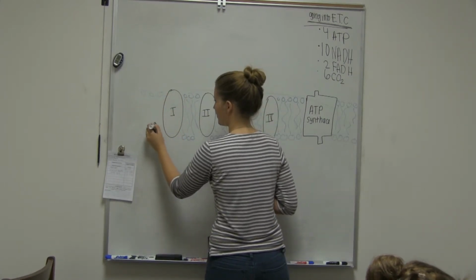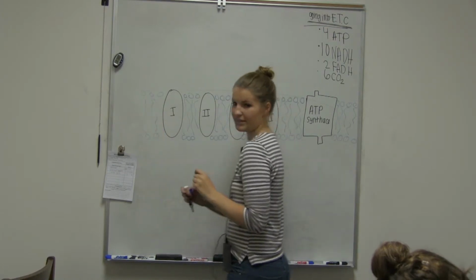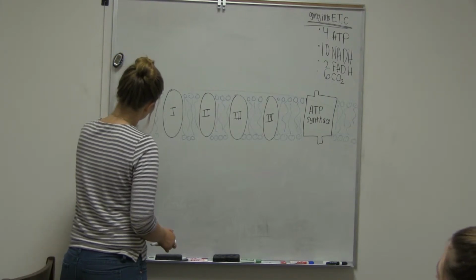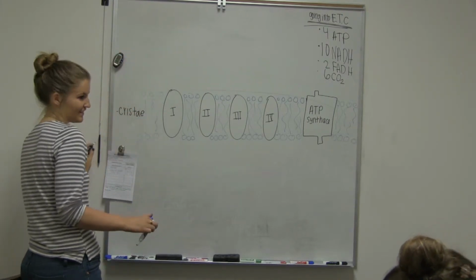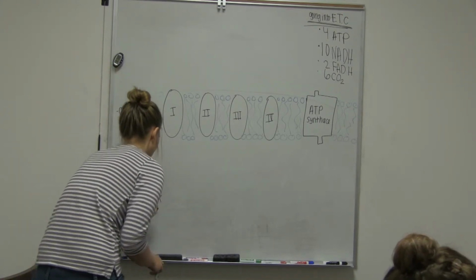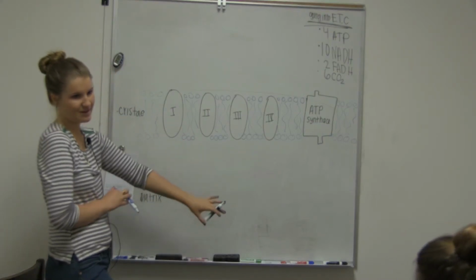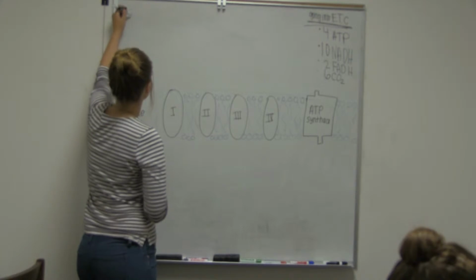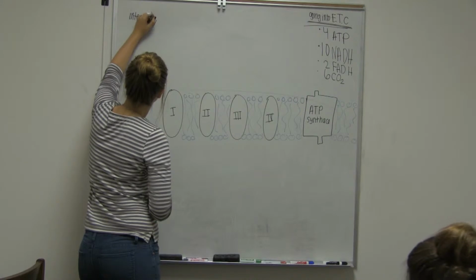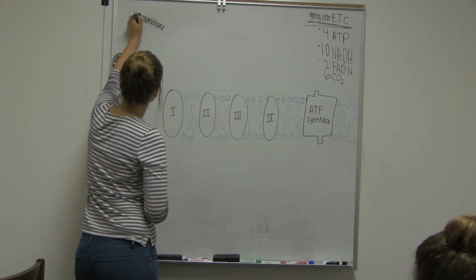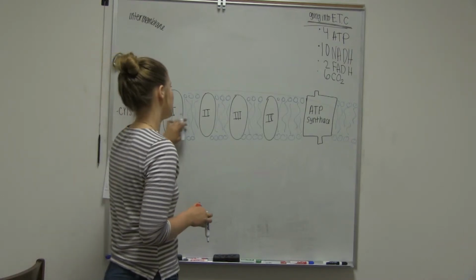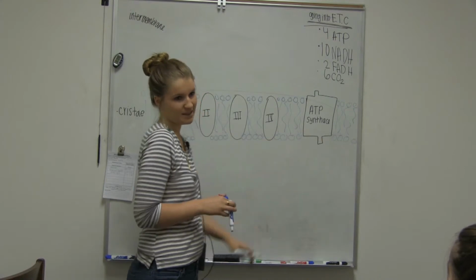Okay, so this right here is called my crista, or my cristae. Down here's the matrix, which is where everything else is happening, right? And up here's my intermembrane. We have 4 proteins, Roman numeral 1, 2, 3, 4, and then our ATP synthase.